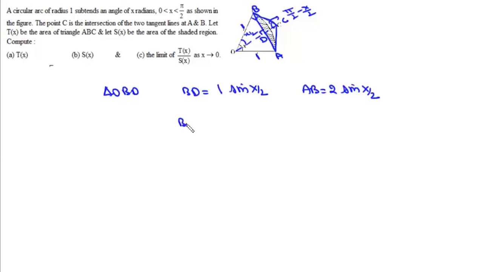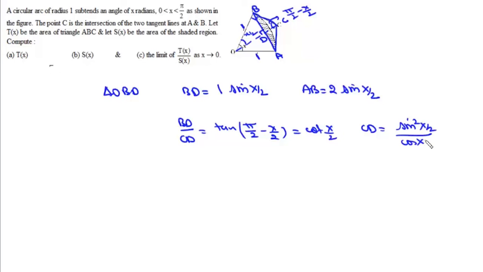So we can write BD upon CD will be equal to tan pi by 2 minus x by 2, which is cot x by 2. So we can write CD as sine square x by 2 upon cos x by 2. Now once we have AB and CD, we can write this Tx, which is area of triangle ABC.